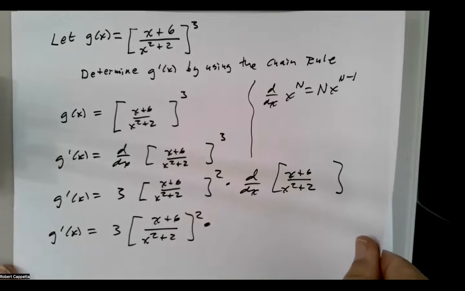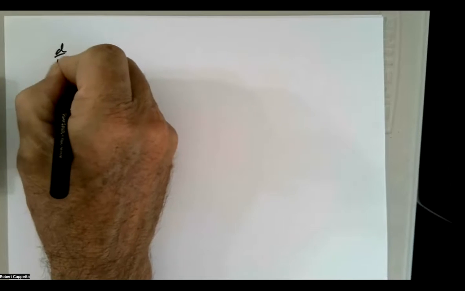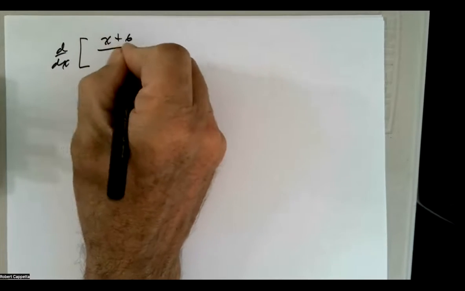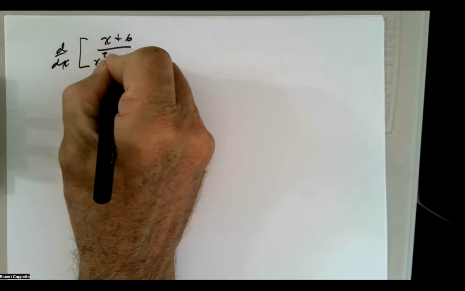And moving to a different piece of paper. What do I want? I want the derivative with respect to x of x plus 6 over x squared plus 2.